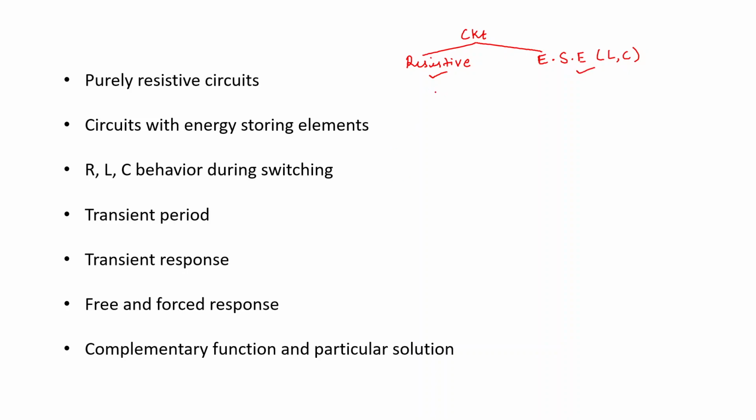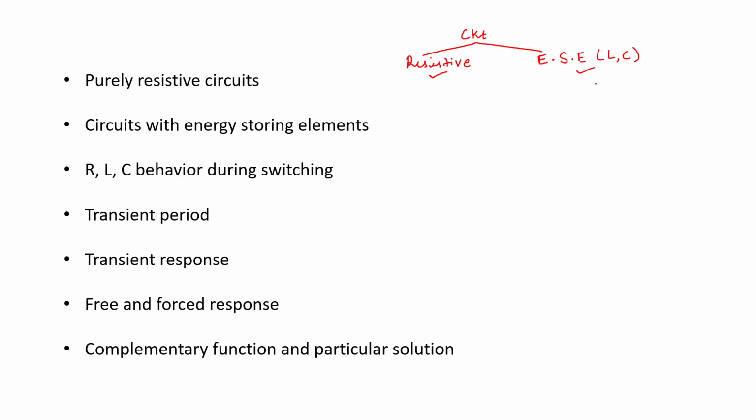This is because the voltage or current across resistors change immediately when the energy sources are connected to it or when the energy sources are removed from it. Whereas in case of inductor and capacitor, when energy sources are connected to it as well as when the energy sources are disconnected from it, it takes some time for the inductors and capacitors to respond.